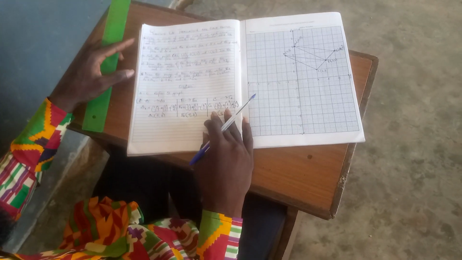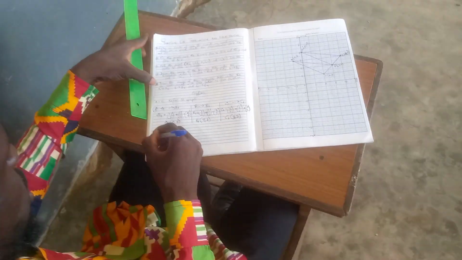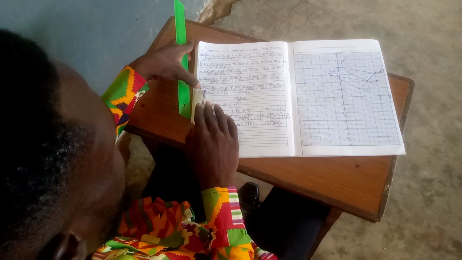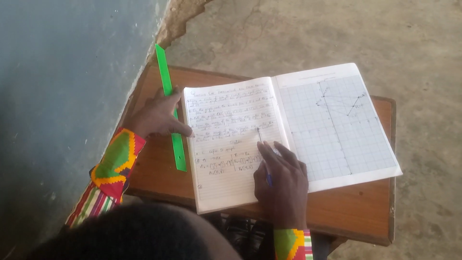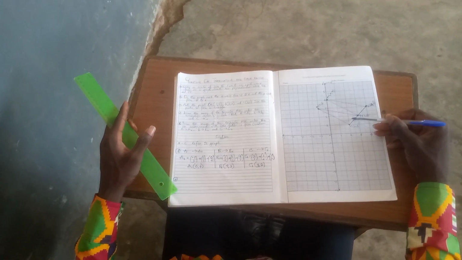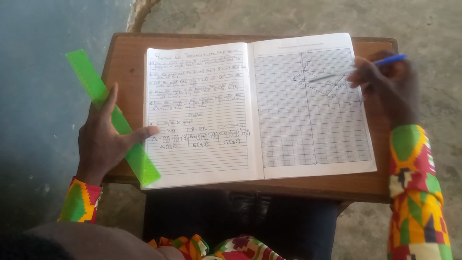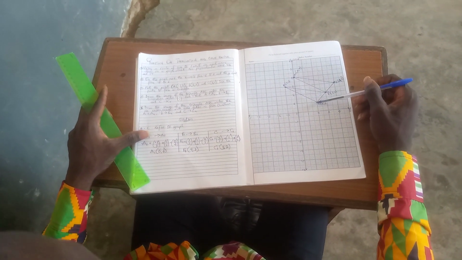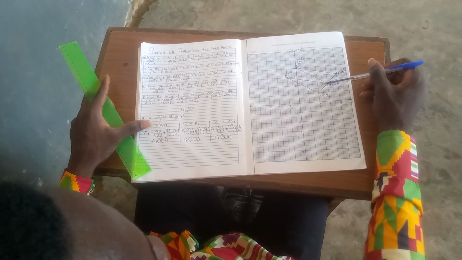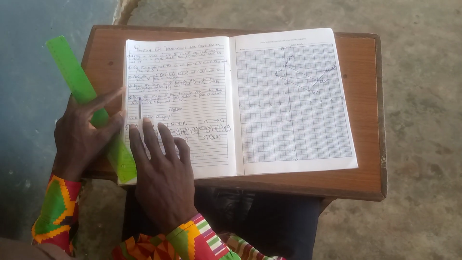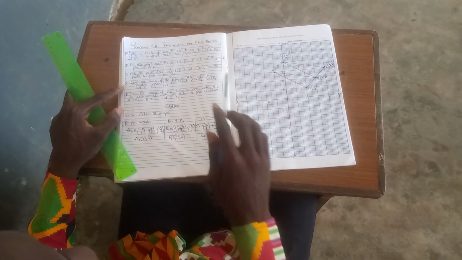Now let's look at the E, sorry. The E says, draw the image of the triangle ABC. Now we have two triangles here. This is triangle ABC and this is triangle A1, B1, C1. So the question says, draw the image of the triangle ABC.